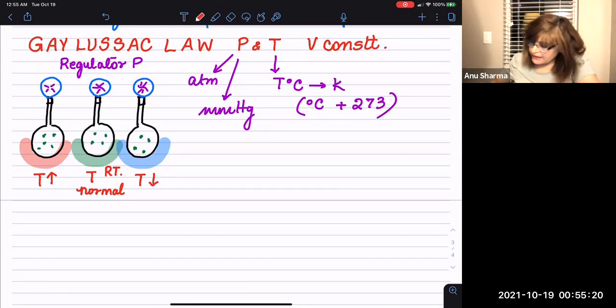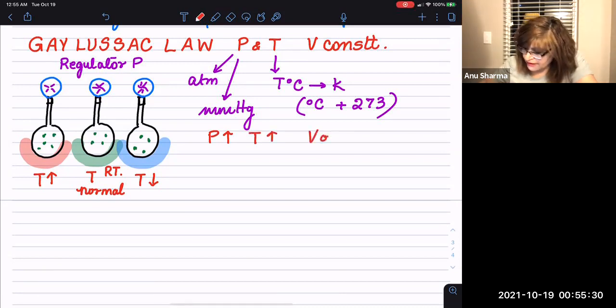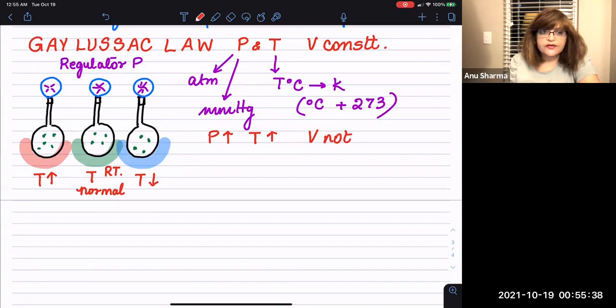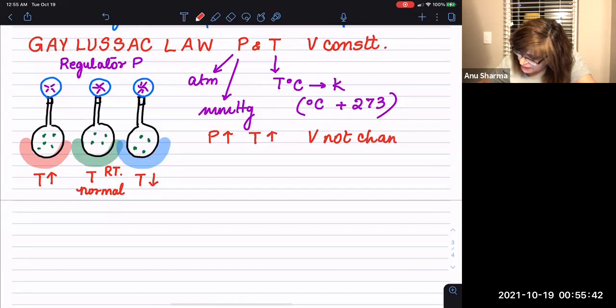Okay, so what do you see? As the temperature increases, the pressure also increases. The volume is constant. The volume is not changing because the containers are sealed; they are just metallic containers. So the volume is not changing, but something else is.